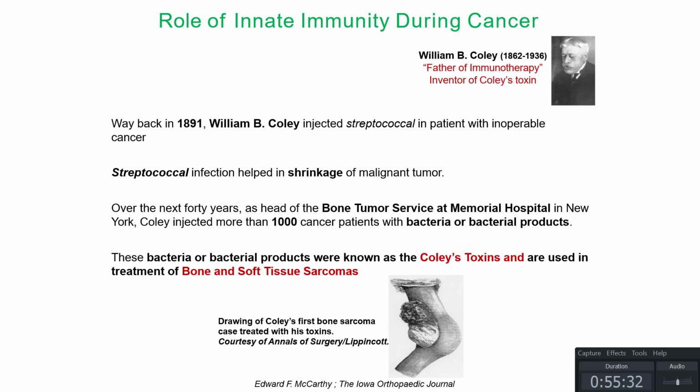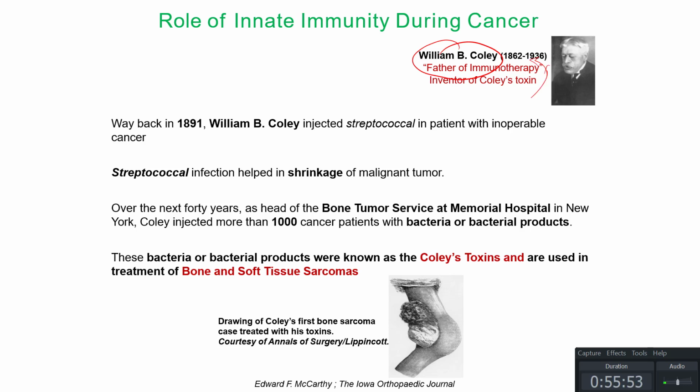Then people have seen whether these things have any kind of role in therapy. So that is what we are seeing from the beginning. What are the therapies that we can give? One such great scientist is Coley. He is called the father of immunotherapy, the inventor of Coley's toxin.